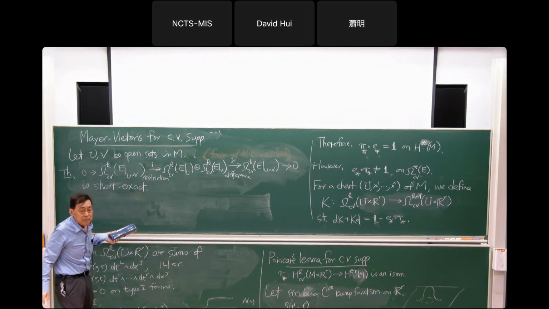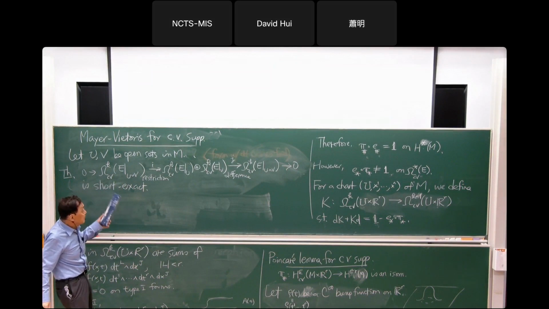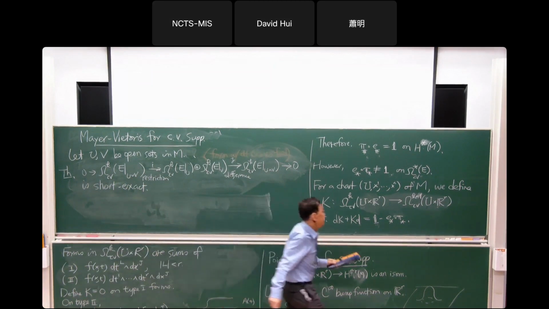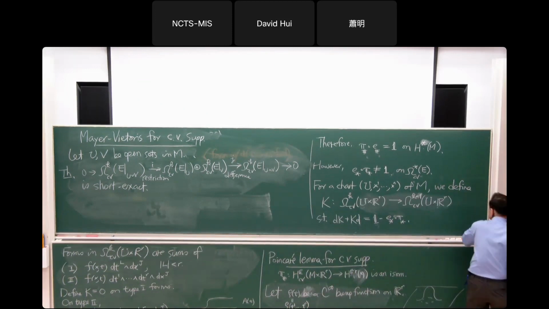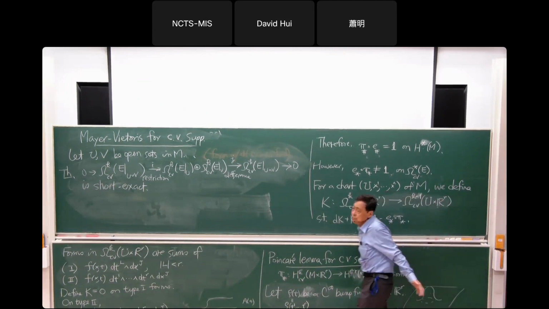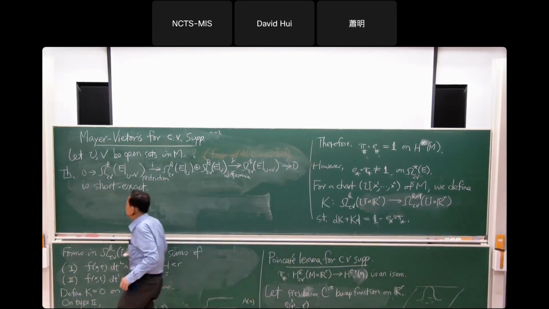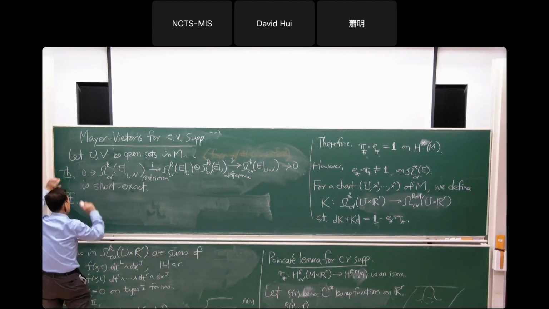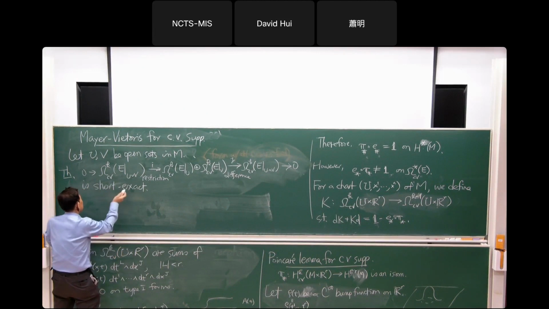Short exact just means that it's exact, but it's got these 5 terms. And the proof is exactly the same as for forms with no compactness hypothesis.